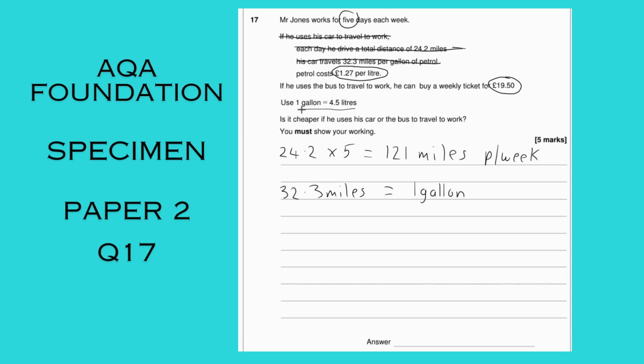So here we go. 1 gallon is 4.5 litres. So here comes the conversion. We're not touching the miles, but to change gallons to litres, it's multiply by 4.5.